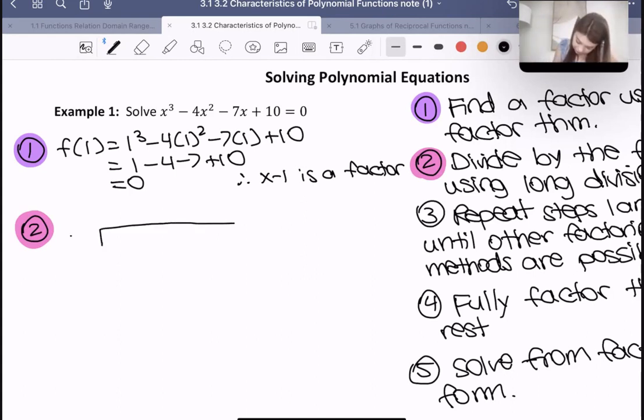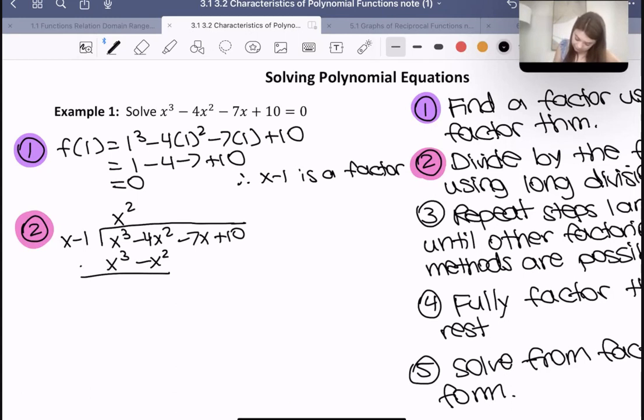So let's do that. Here we have x minus 1, and then here we have x cubed minus 4x squared minus 7x plus 10. Okay, so how many times does x go into x cubed? Well, x squared times. And then what's x minus 1 times x squared? Well, let's use our rainbow rule or our distributive property for this. x times x squared is x cubed, and -1 times x squared is -x squared.